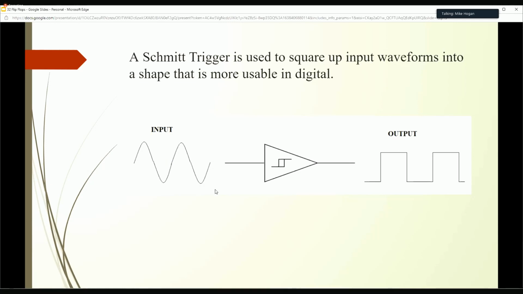And so what we really need to have is a steady, really sharp square wave, as opposed to a sine wave, when we're using these flip-flops and working in this digital data. And so we've got what we call a Schmitt trigger.